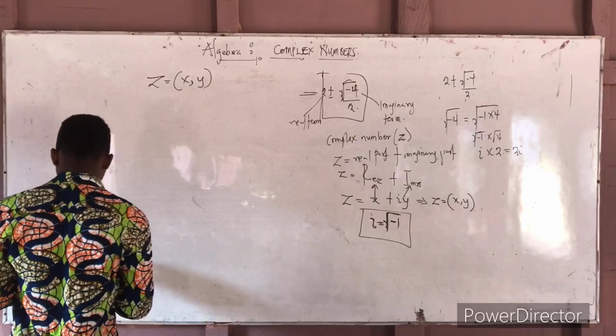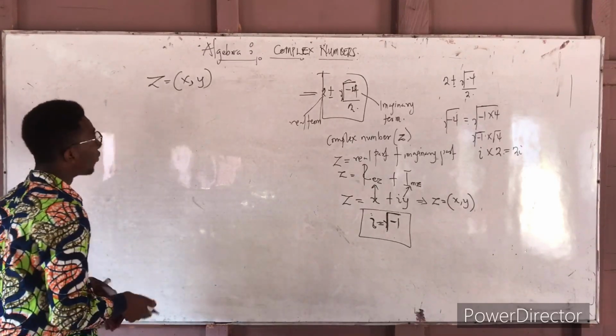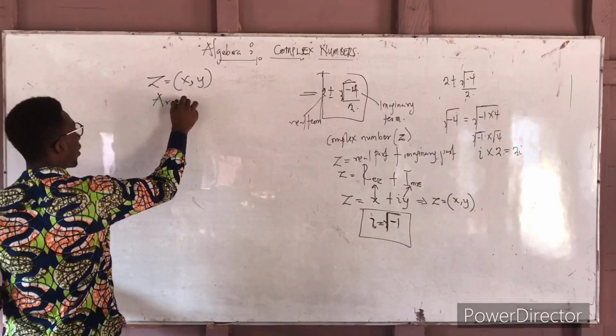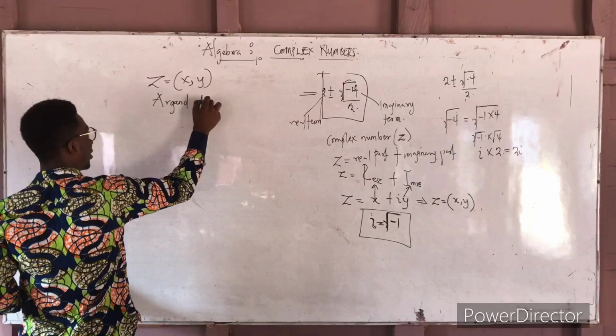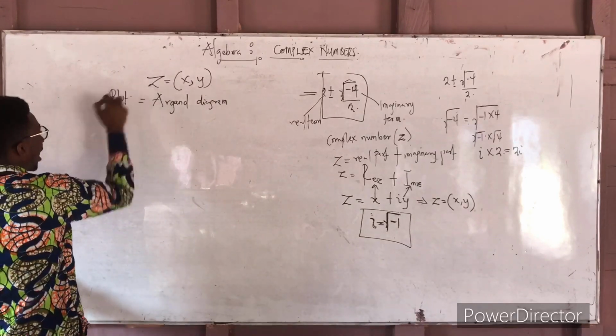The compacted form is always derived from a diagram we call the Argand diagram. It is a plot we call the Argand diagram.